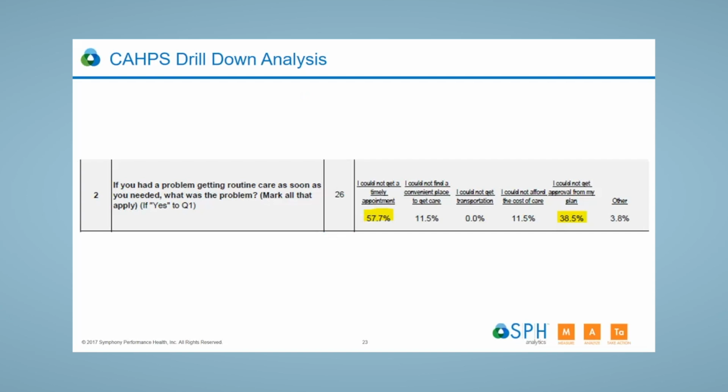So here's an example of the routine care as soon as you need it. Was it a problem? So when we drill down on this, the problems with getting a routine appointment are twofold, and I've highlighted two of the areas that came out of the survey and what helped us to understand. First of all, as you might expect, the largest majority said they couldn't get a timely appointment.